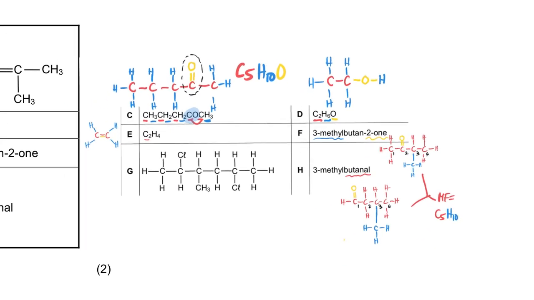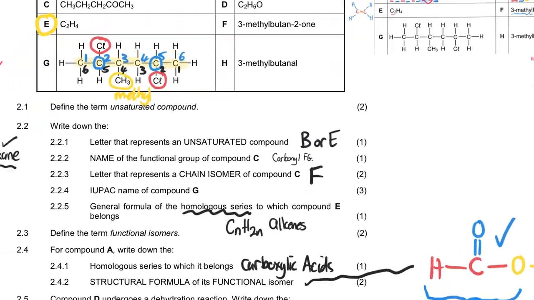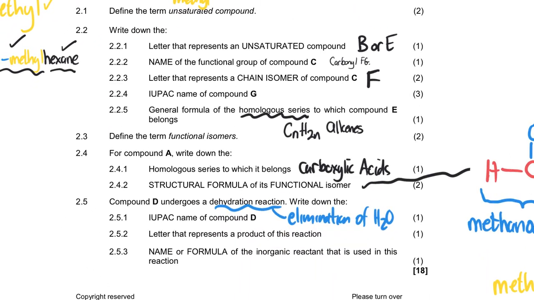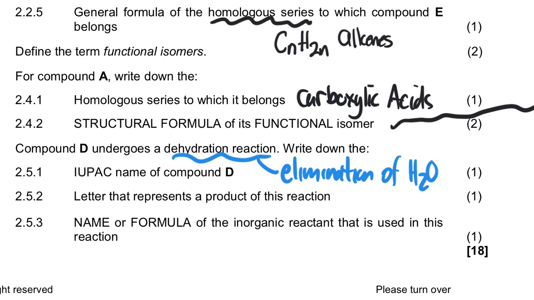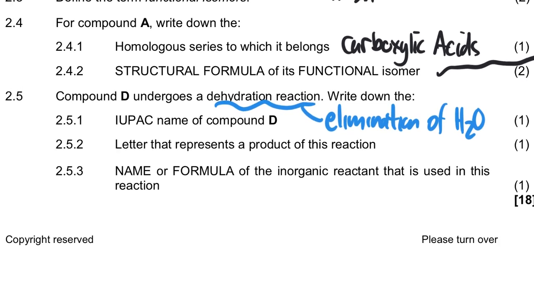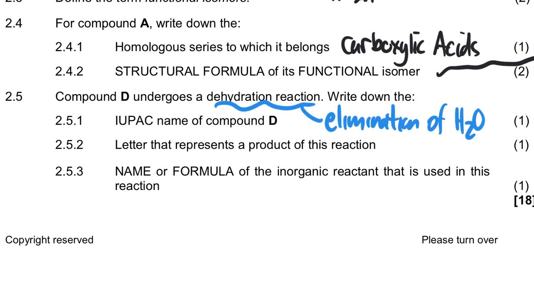Now, for you as grade 10s at this stage that haven't done the organic reactions, we would not ask you this in your exams. So this would be unfair. But in a matric final exam, you would have already done the different types of organic reactions.